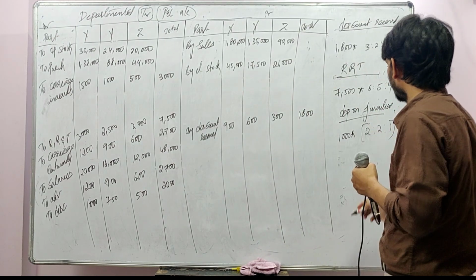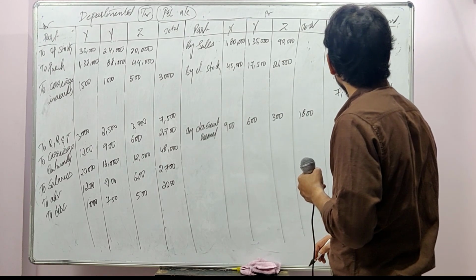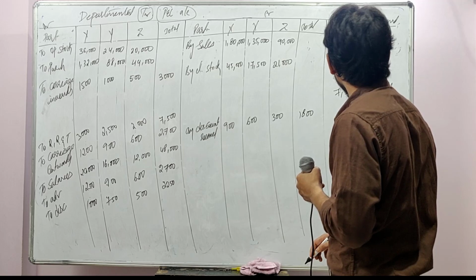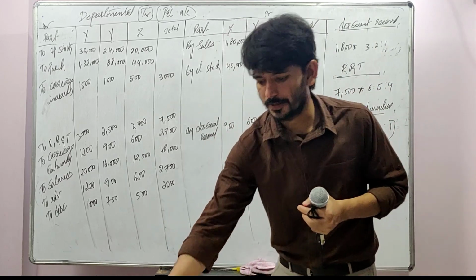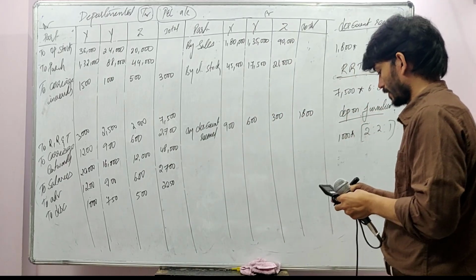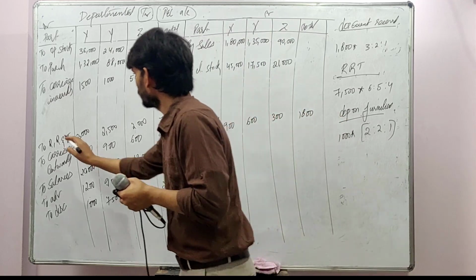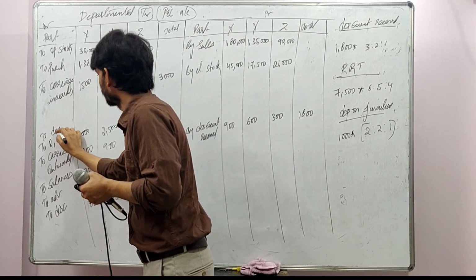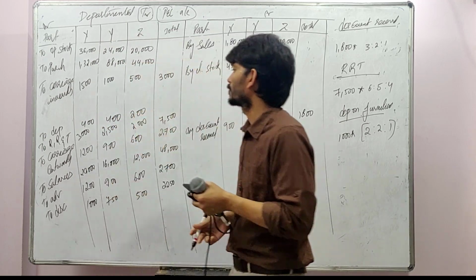So 5, 2 by 5 also. By 2, 2. 200, so 1000 it's coming.